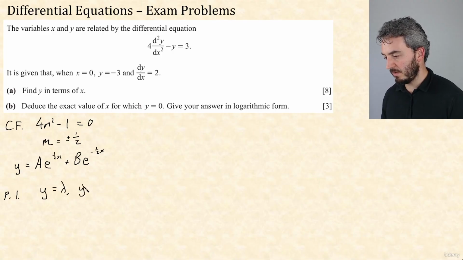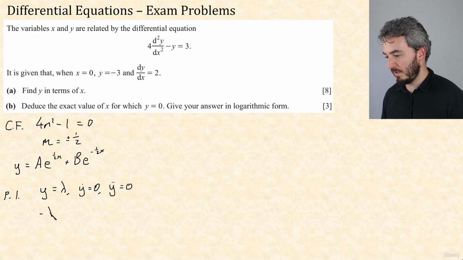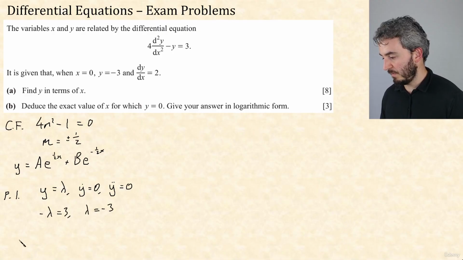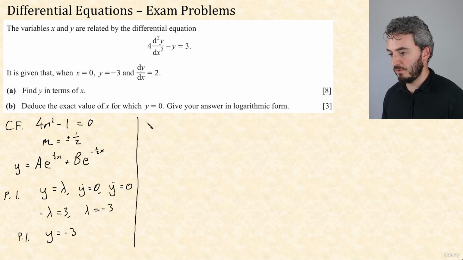We don't really need the derivatives, right, because the first derivative is 0 and the second derivative is 0. So subbing it into this differential equation, you get 0 and then minus y. So minus lambda is 3, and so lambda is minus 3. So my particular integral is simply y equals minus 3. Stick those together, and our general solution is y equals a e to the half x plus b e to the minus half x minus 3.